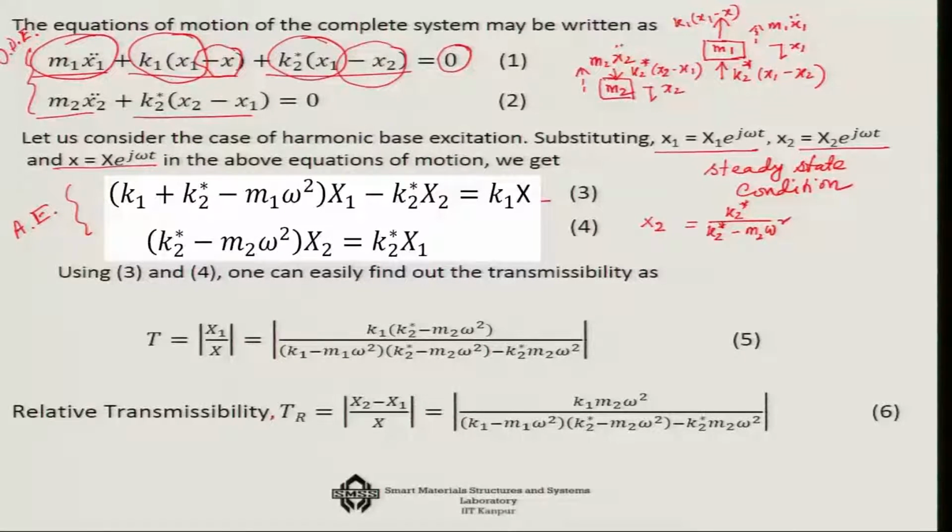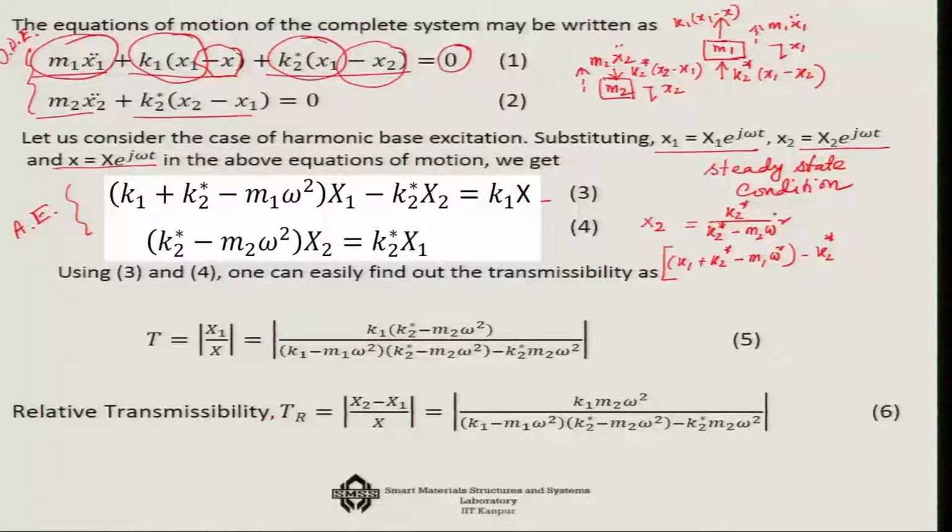Let us look into the third equation then. The third equation will now become K1 plus K2 star minus M1 omega square x1, minus K2 star times this relationship.